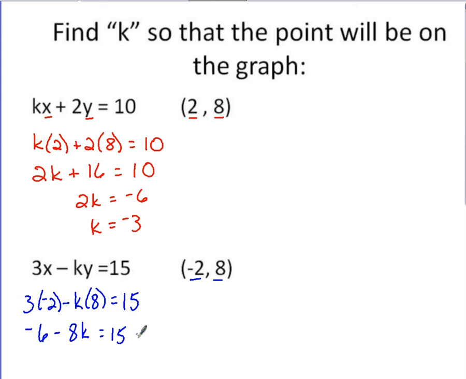Add your 6 over. Got negative 8k equals 21. Divide by negative 8. k equals negative 21 over 8, which we can't reduce, so that's what k is.